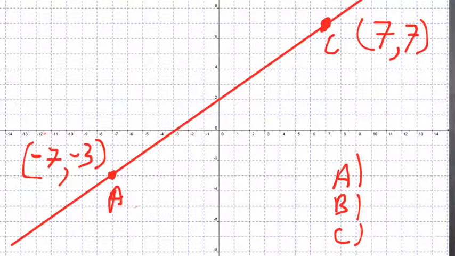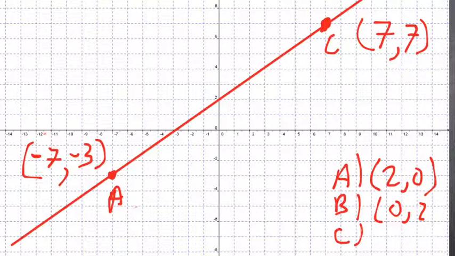So let's say I have options A, B, and C. Tell me, which one of these options also lies on the line? B.